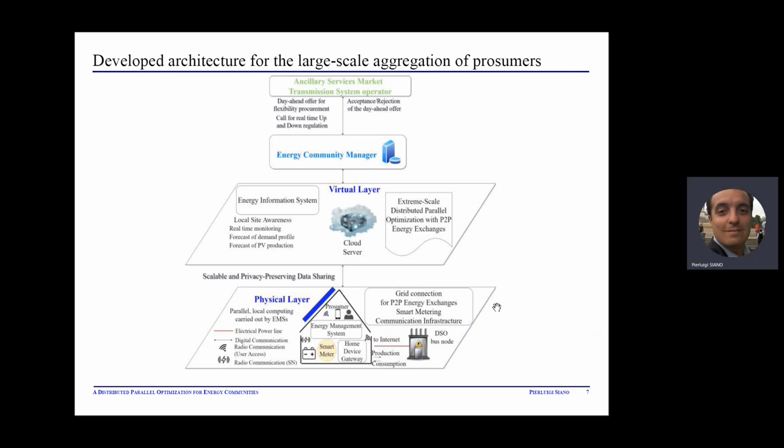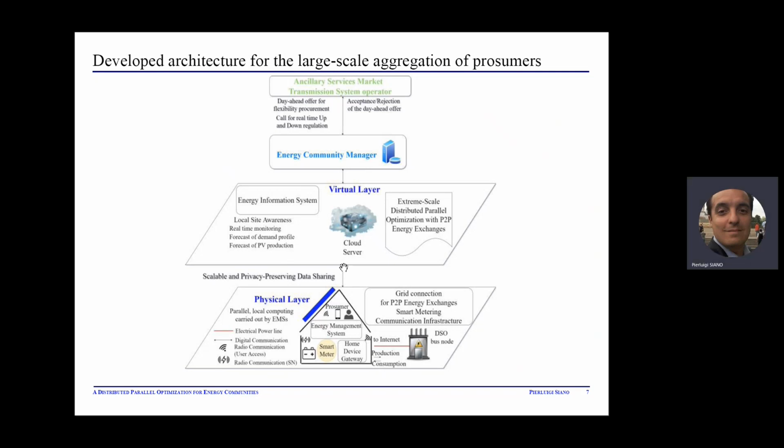The physical layer provides grid connection, smart metering, and communication to all prosumers. The virtual layer includes an energy information system allowing local site awareness based on real-time monitoring and on tools for the forecasting of photovoltaic production and load demand.